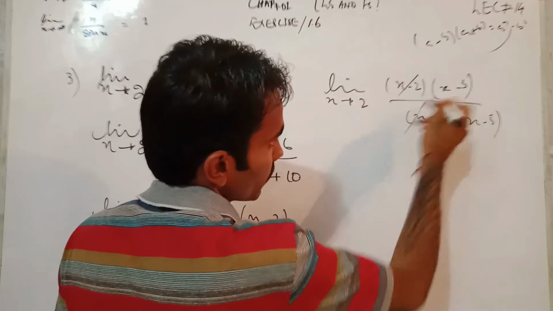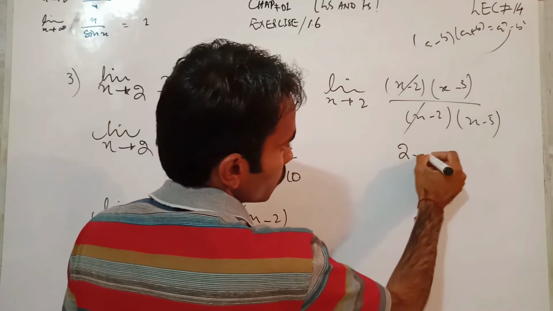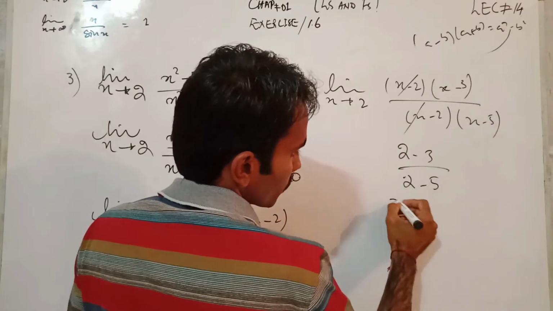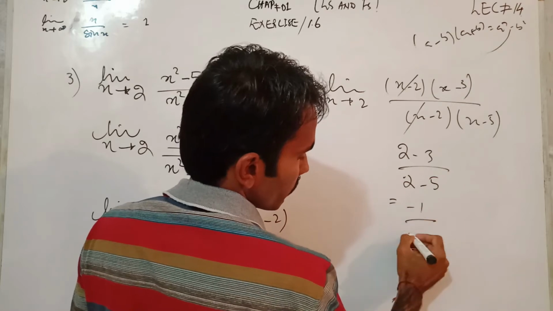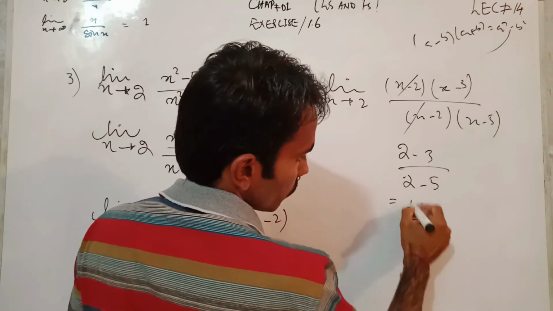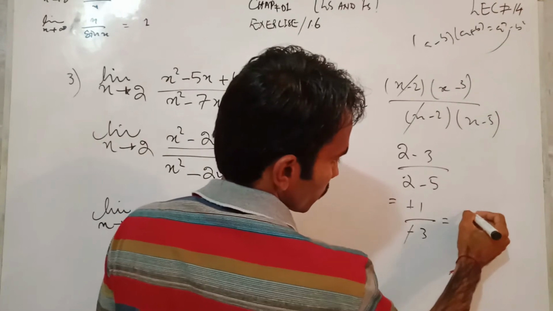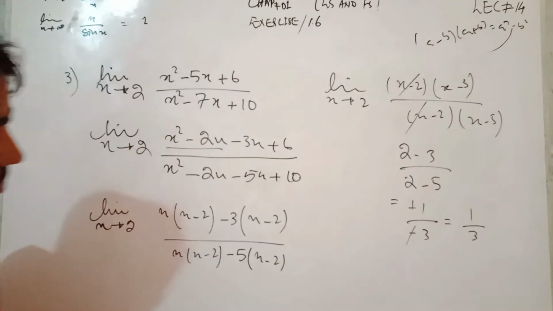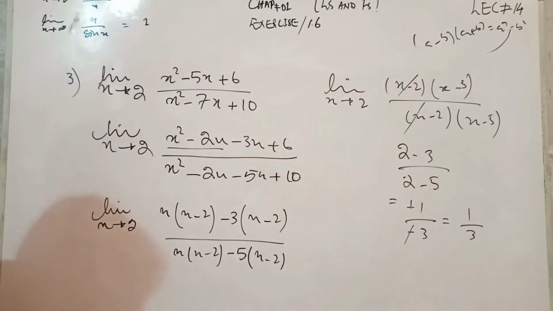When we apply the limit, it would be 2 minus 3 divided by 2 minus 5, so minus 1 divided by minus 3. The minus signs cancel, and the answer is 1 divided by 3.